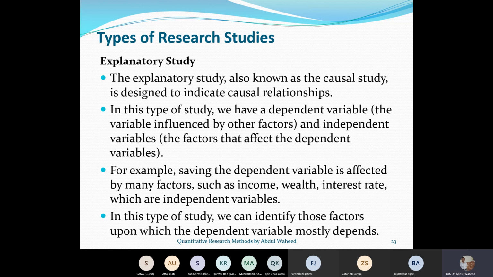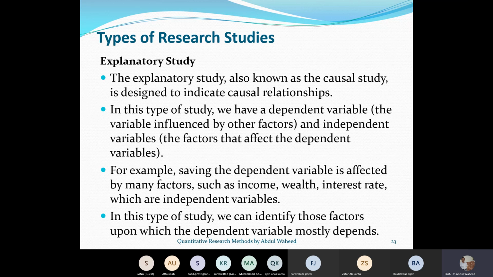Sometimes we have one independent variable and one dependent variable, but in most of the cases we have more than one independent variable. And we want to see the relationship of those independent variables with the dependent variable.